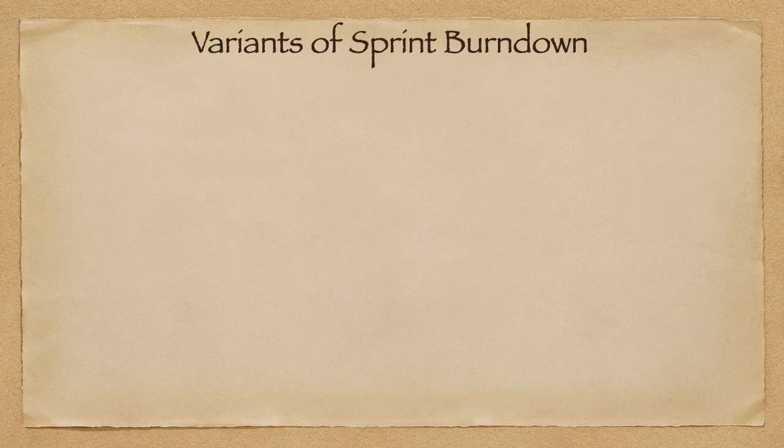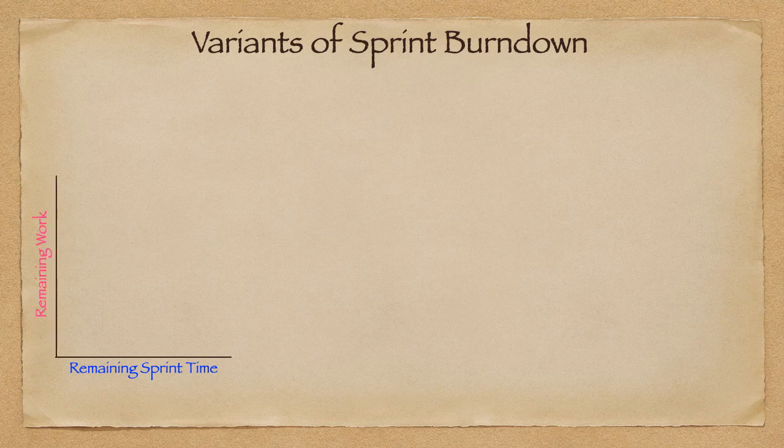So let us look at different variants of sprint burndown. In this example, the x-axis is the remaining sprint time, the number of days, and the y-axis is the remaining work, story points, the total cumulative story points of the selected items. The green dotted line is the ideal line. Let's say the team has started working and they are completing according to the red line.